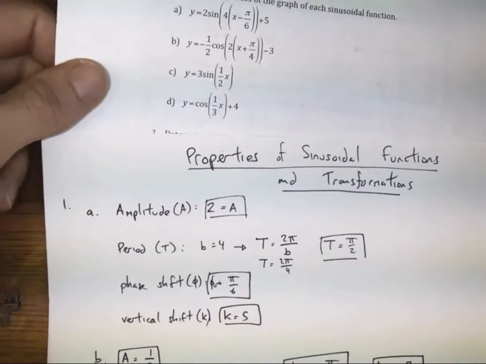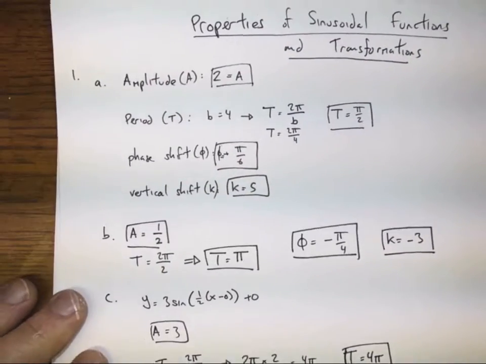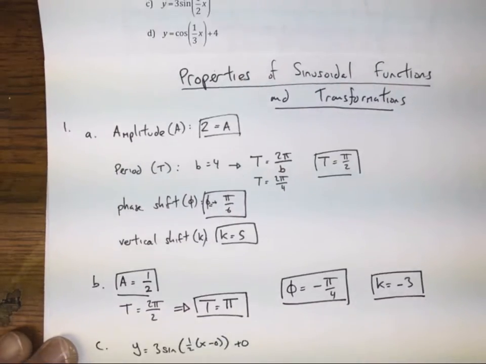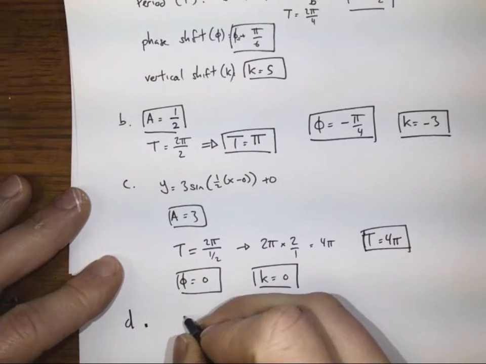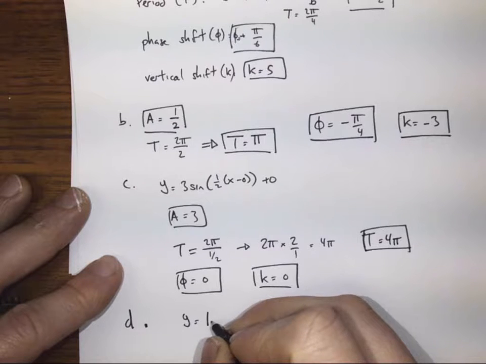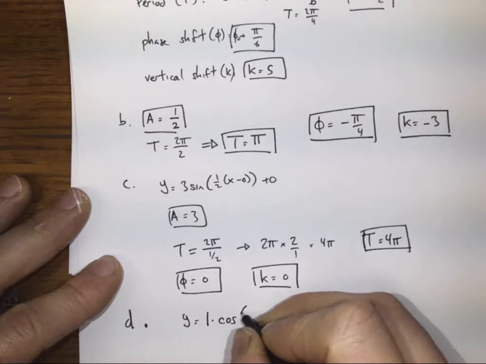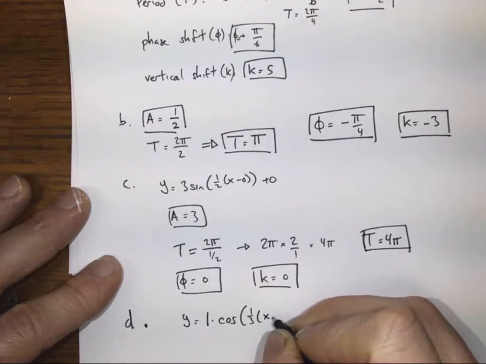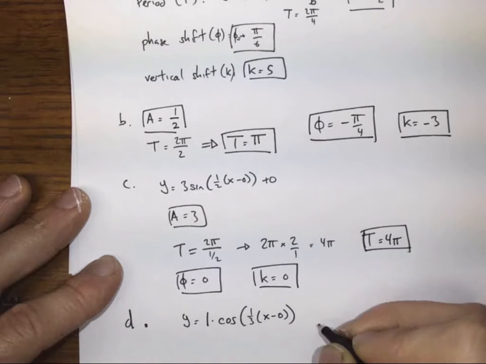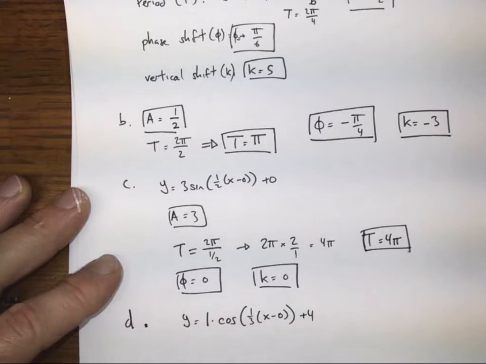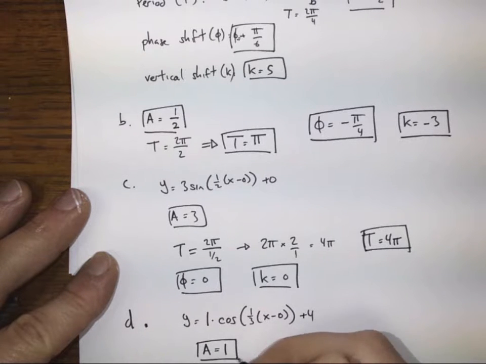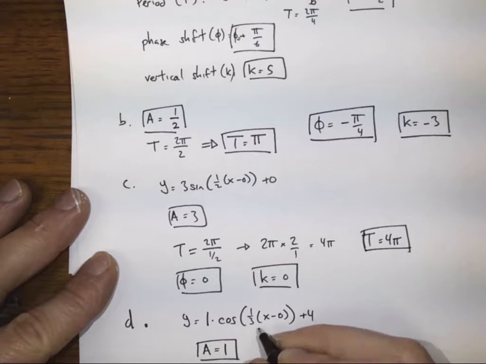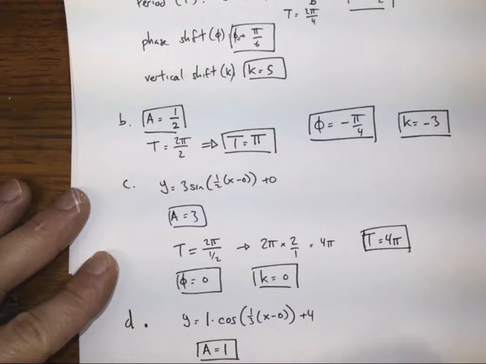Last one from this section. So I'm going to, again, rewrite y equals cos 1/3 x plus 4 as y equals 1 times cosine of 1/3 of x minus 0 plus 4. And that helps me see that my amplitude is 1 in this case. My period is, again, 2 pi over my b value of 1/3.